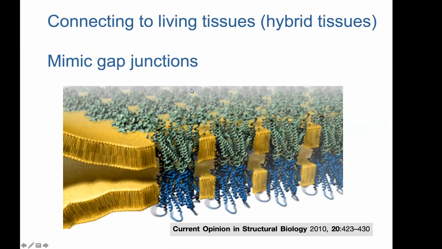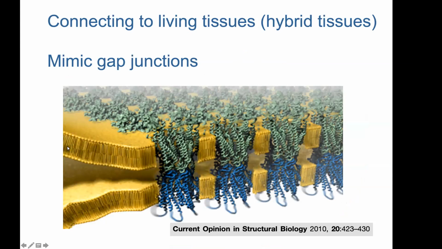There are several different ways that you might do this. What we have been looking at is to mimic the gap junctions that span certain cell junctions in the body. Cells can be electrically connected by gap junctions, and here we see two cells.